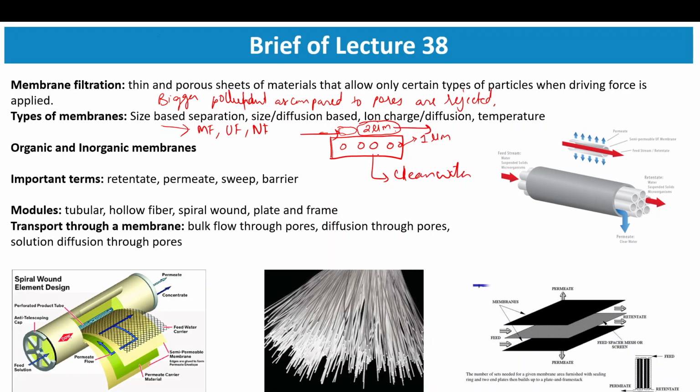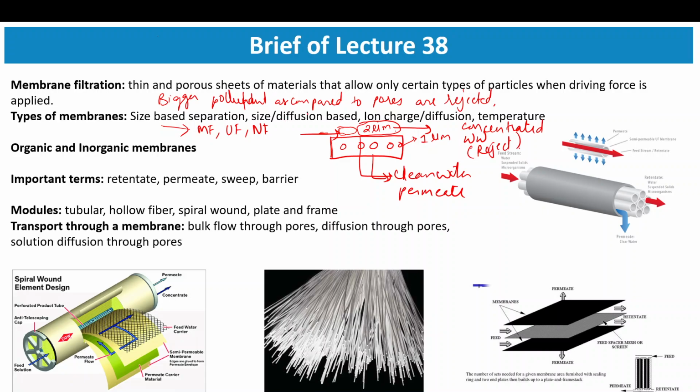Water will pass through this side and permeate will pass through this. Now this clean water is known as permeate, and the one which does not pass through this will be concentrated wastewater, which will have even higher concentration of that pollutant. So this is known as reject of that membrane.